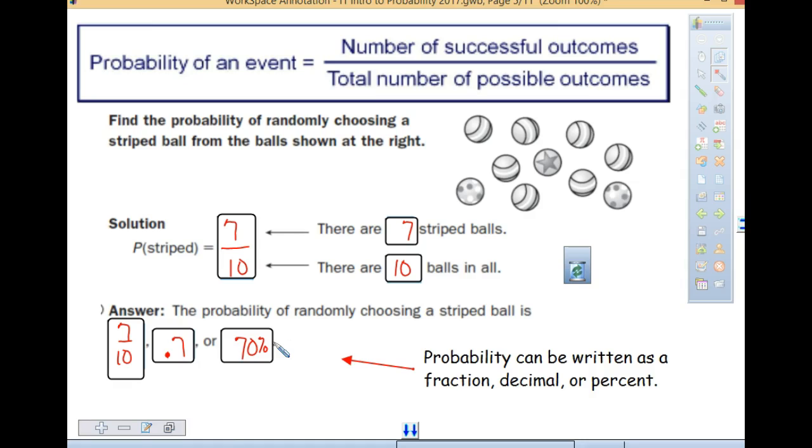And if I say put it as a %, then you want it that way. But if you put it as a fraction, and you have something like 14 out of 20, I'm going to mark that wrong. 14 out of 20 is not a fraction in simplest form, and anytime you give me a fraction for your probability, it must be in simplest form.